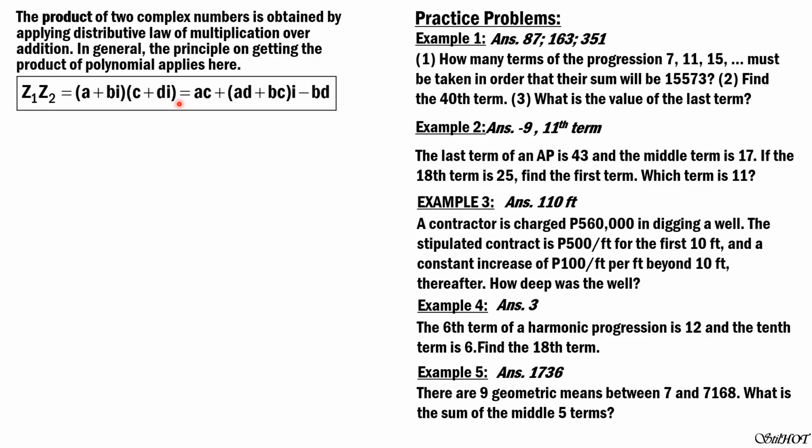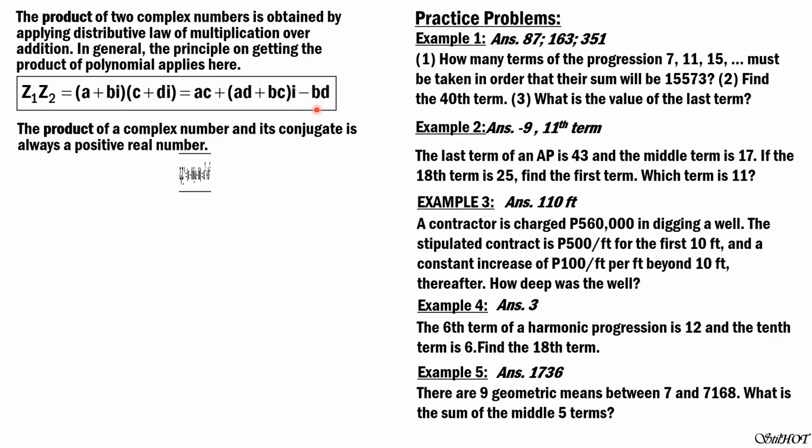And since i squared is negative 1, we have minus bd here. The product of a complex number and its conjugate is always a positive real number. For instance, z1 times z1 prime, where the conjugate is denoted by z prime, is equal to a squared plus b squared. If z1 is the quantity a plus bi and z1 prime is a minus bi, take note that if we apply this, we have negative abi and positive abi, so that becomes 0.